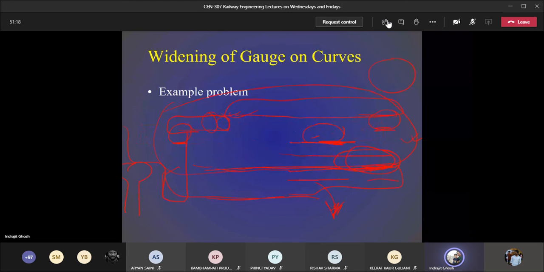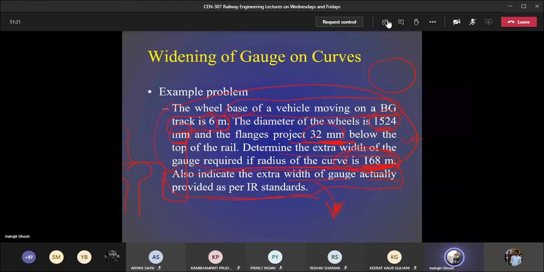Okay, so h is given as 32 millimeter, but if you look at the equation, you will be able to see that it is given in centimeter. So small h, you write it is 3.2 centimeter. Okay, D, if you look at the formula, the unit of D is given in centimeter.